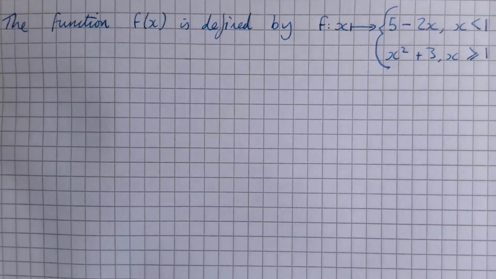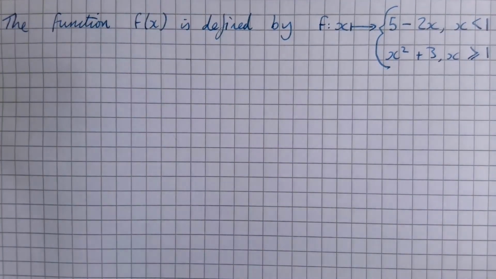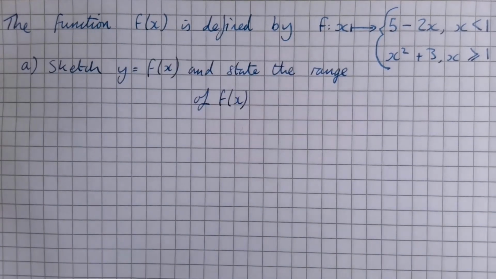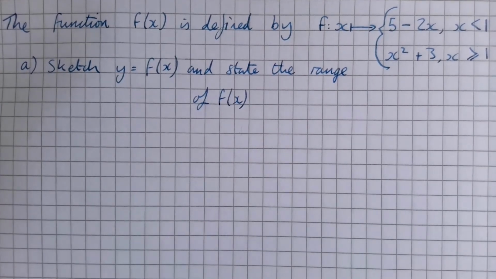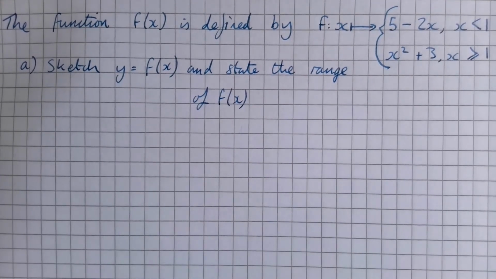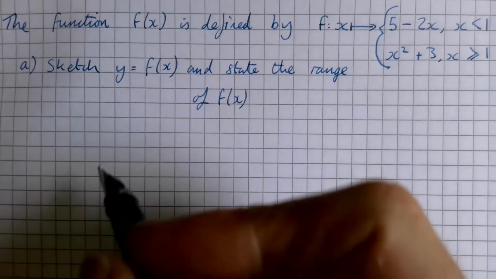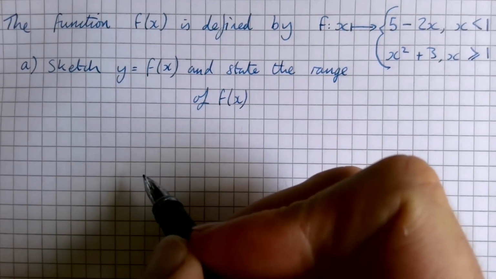Well, the first thing to do, to think about what's going on, is to sketch it. And in fact, I'm going to pop 2 questions down here for what we're going to do. So yeah, the first thing to do is to sketch it. And the reason we want to sketch it is because we want to be able to sort of state the range of what's going on, and it makes it much clearer if we do.